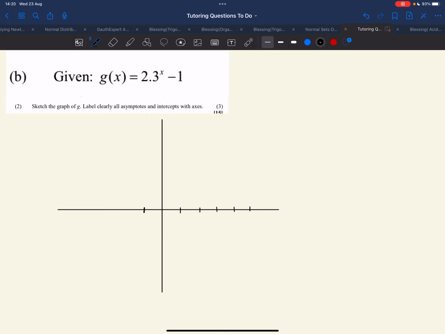I'm going to pick here, pick there, and also pick there. Let's just extend that line a little bit.